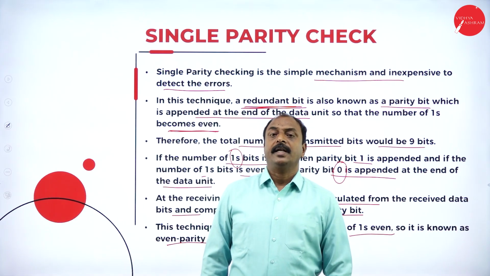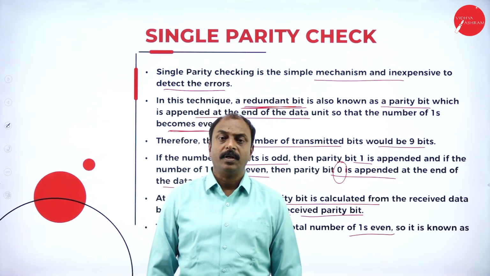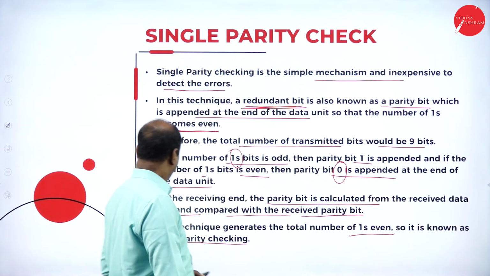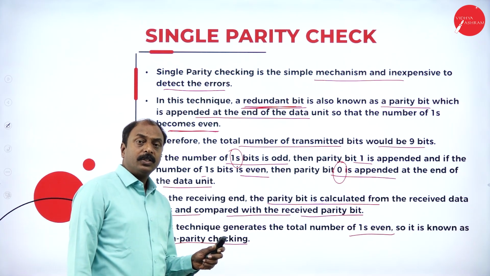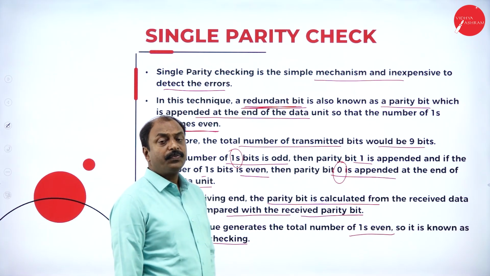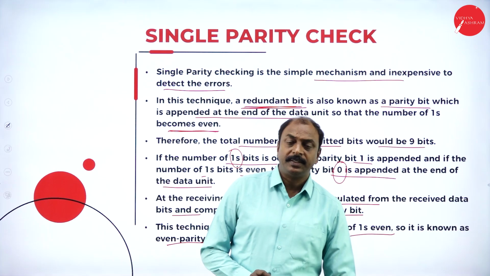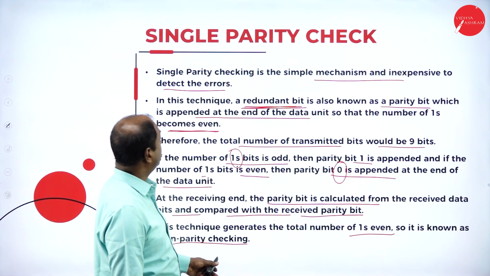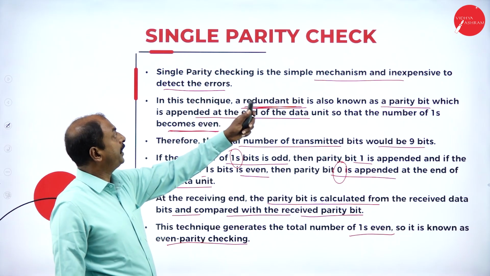At the receiver end, it checks for an even number of ones, so it is called even parity checking. At the receiver end, if the number of ones is odd, it is going to reject the data. That is the concept here in single parity checking.